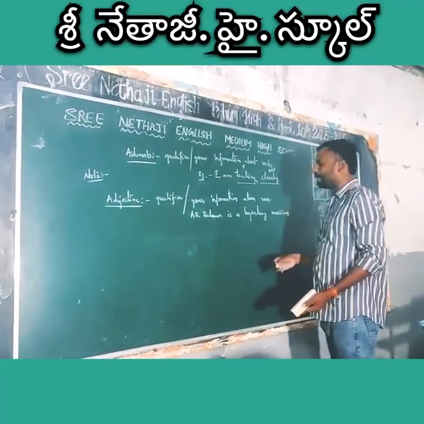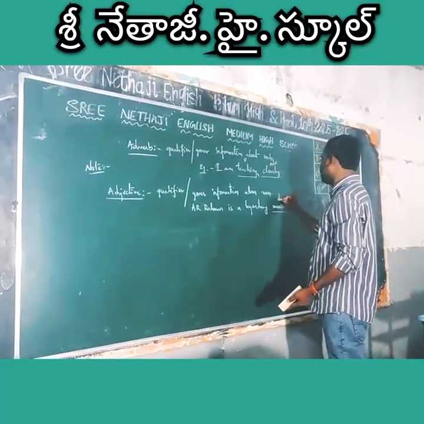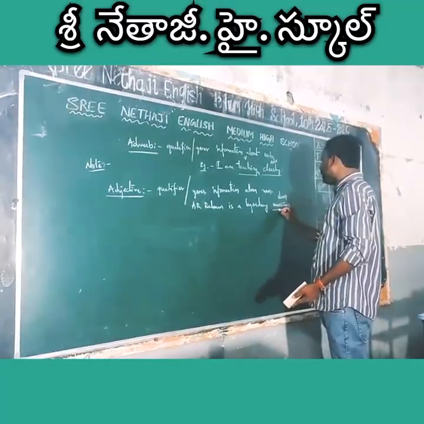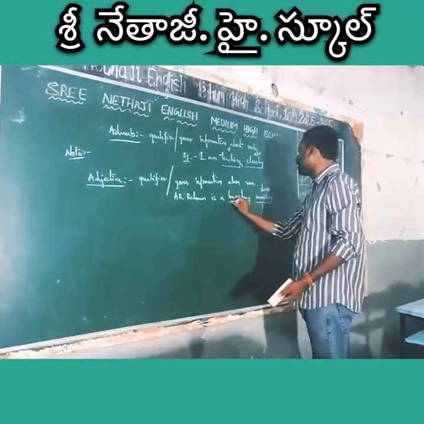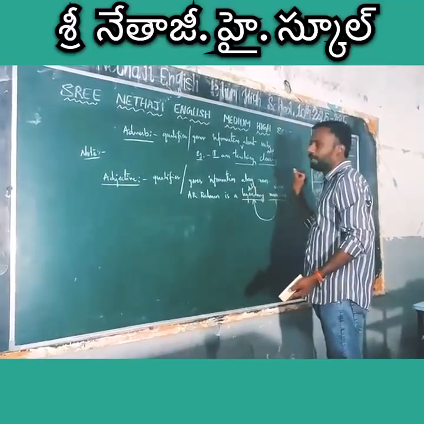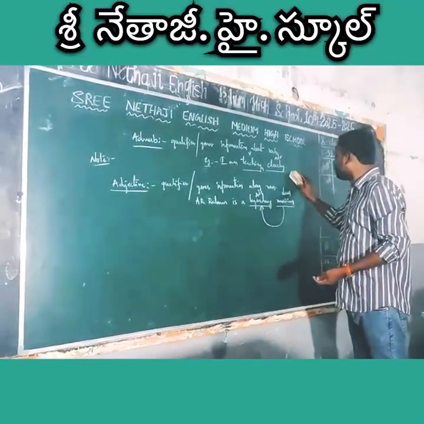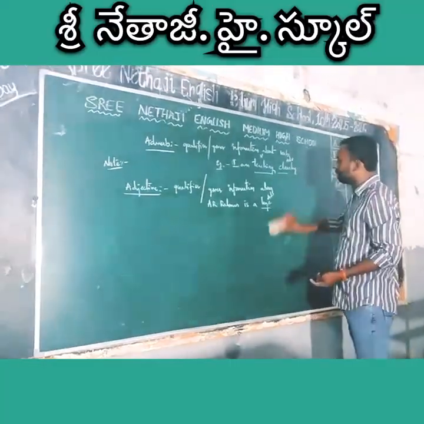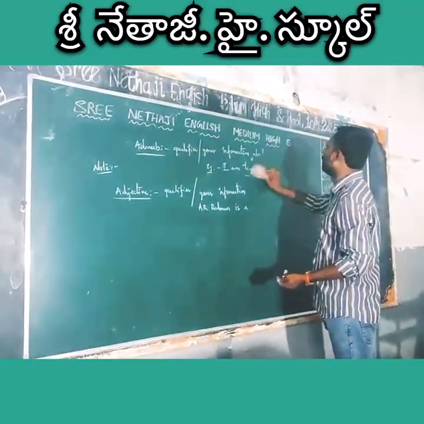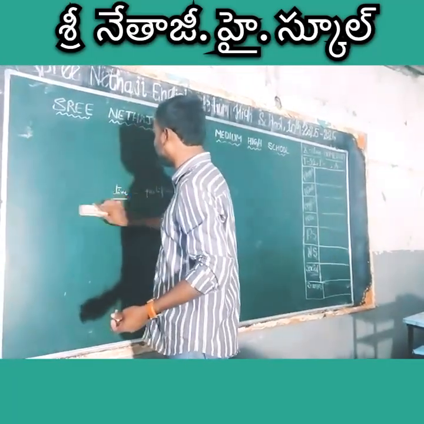A.R. Rahman is a legendary musician. Musician is common noun here. What kind of musician A.R. Rahman is? He is a legendary musician. Therefore, legendary becomes adjective.